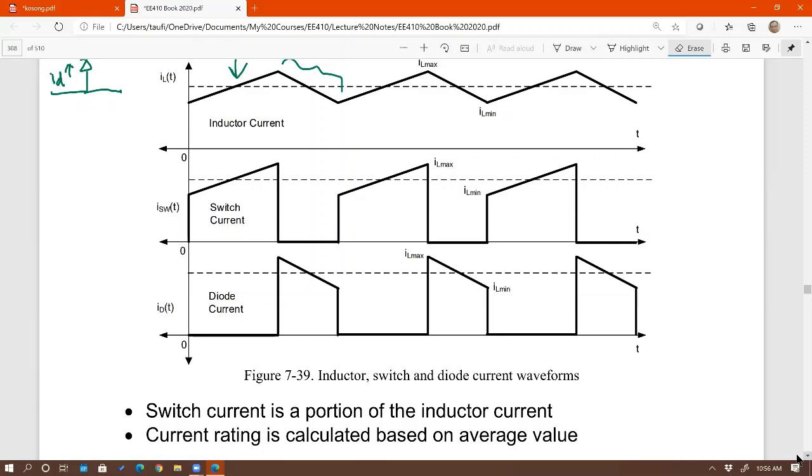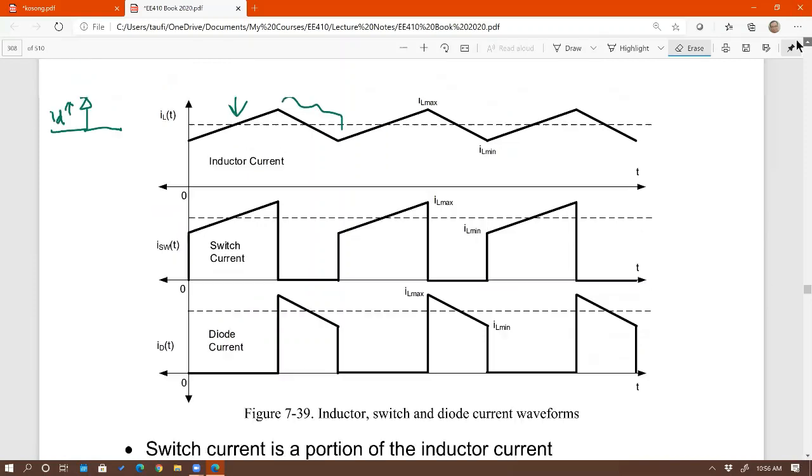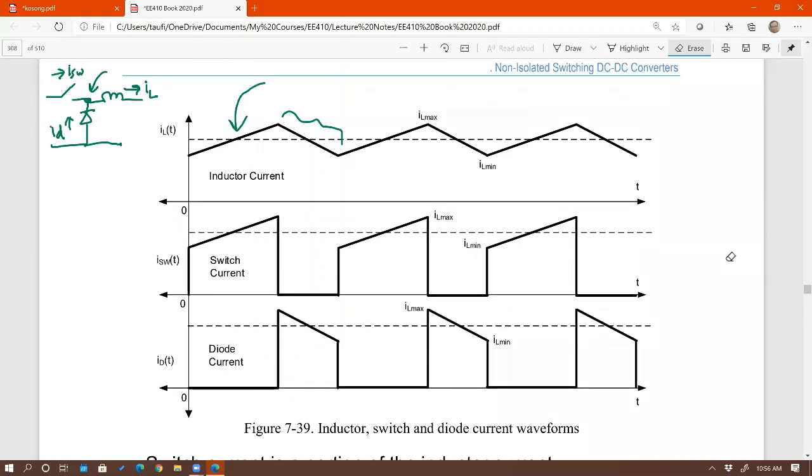Not bad, right? Okay. Now when it comes to sizing currents for both switch and diode, this is why chapter 2 is still important. You need to calculate the average values of these currents, right?